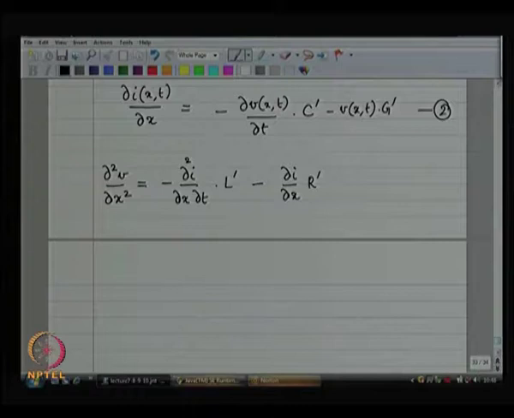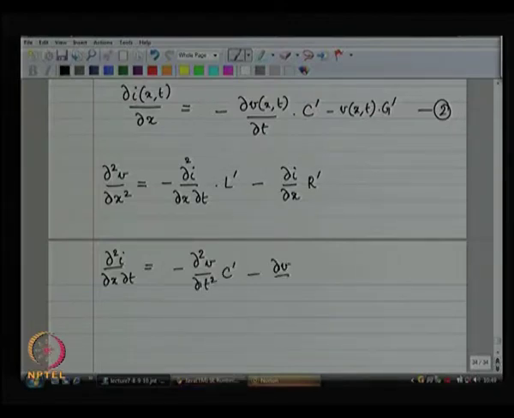And I am going to do another differentiation of equation number 2 with respect to t. If I do that, I get dou squared I by dou x dou t is equal to minus dou squared v by dou t squared times c prime minus dou v by dou t times g prime.